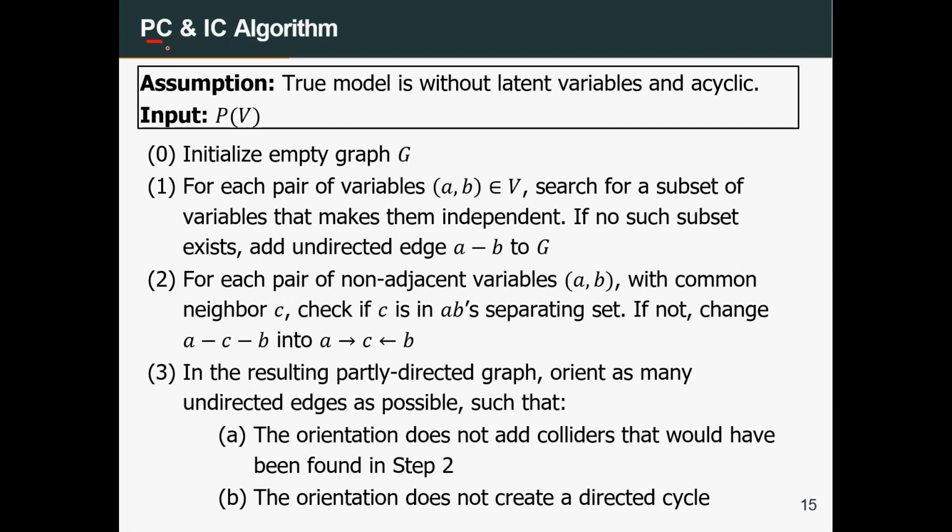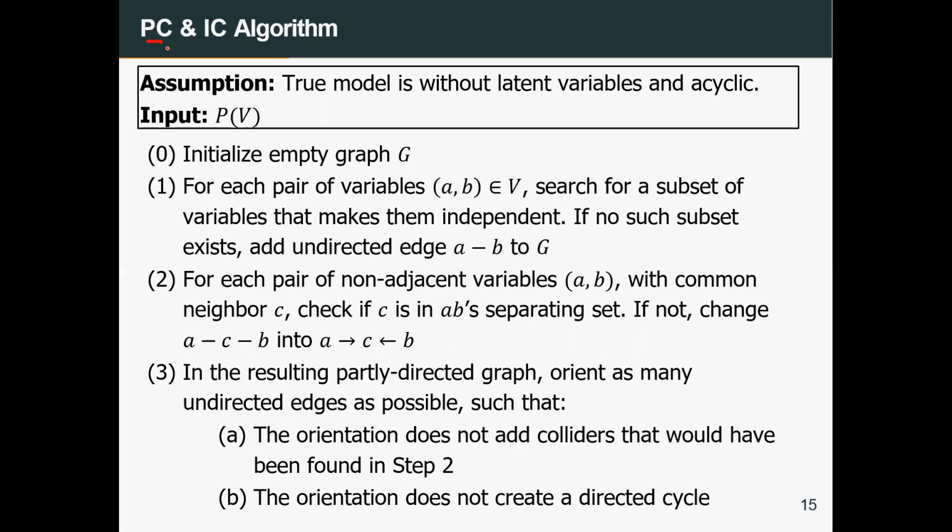My understanding was that PC and IC were just two different names for the same algorithm, because PC I think was Peter and Clark for the authors, and IC is just inductive causation. I'm quoting the paper that you refer to, A Theory of Inferred Causation by Pearl and Verma.